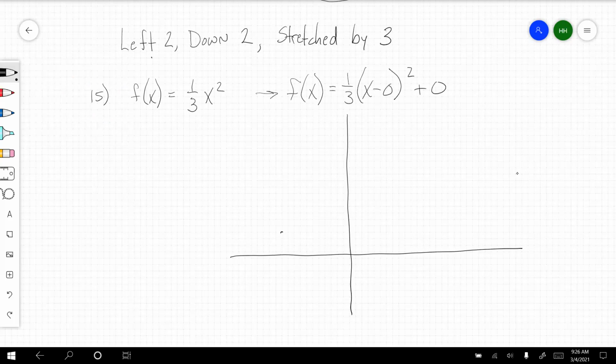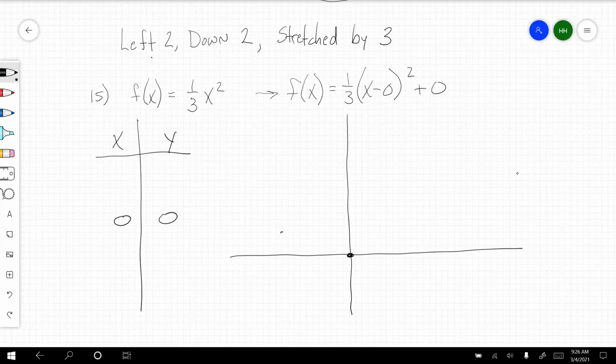So we got a vertex at (0, 0). All right? This thing's going to be compressed, isn't it? And it's going to go up. So if you want the exact values, if your answer choices are very similar to each other, you're going to do an XY table.